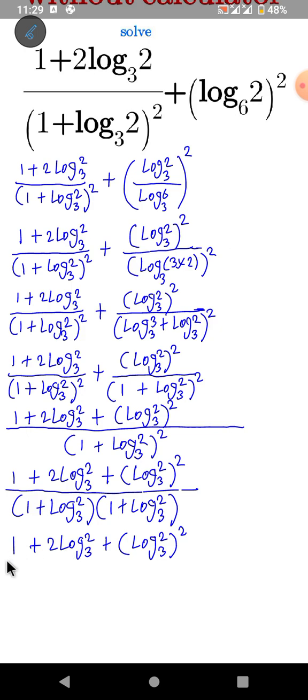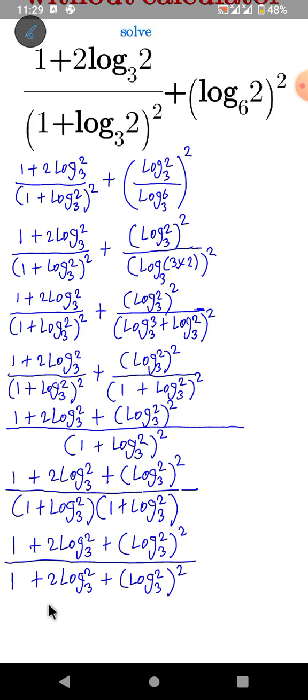My next step now will be to expand this bracket here. On expansion, I will get 1 times 1, that's 1. On expansion, I will get 1 plus 2 log 2 base 3 plus open bracket log 2 base 3 square.